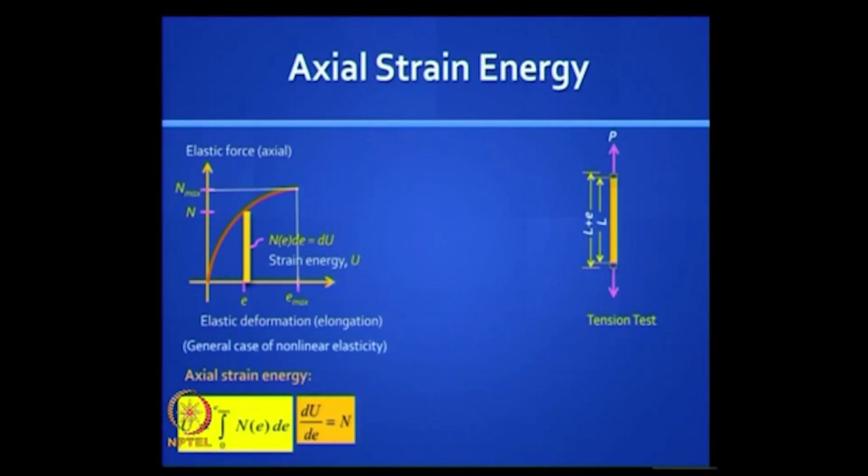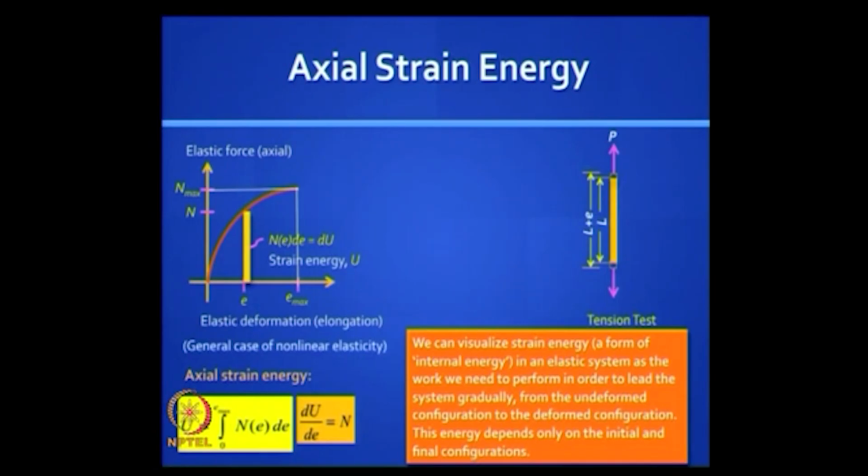So now let us not worry about strain energy density, let us talk about absolute strain energy. Let us talk of a non-linear elastic system where you can prove that the total strain energy is the area under the curve when you have gradual loading, and ideally you can visualize strain energy as a form of internal energy in an elastic system, as the work we need to perform in order to lead the system gradually from the undeformed configuration to the deformed configuration.